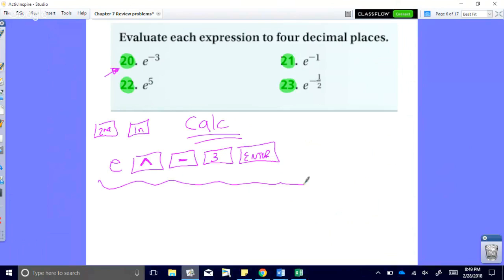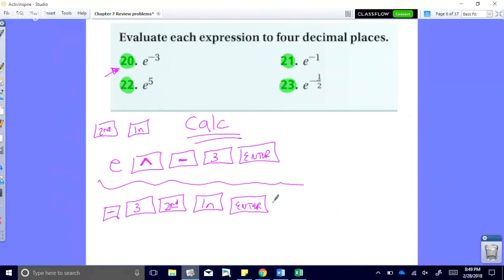Okay, that's like the pink calculator. So the other kind, you have to do the opposite order. So you'll do the negative first, okay, the 3, and then you'll hit second natural log, or if you have an E button, and then you can hit enter, or it's going to appear the number. Okay, so those are the two different types of calculators.